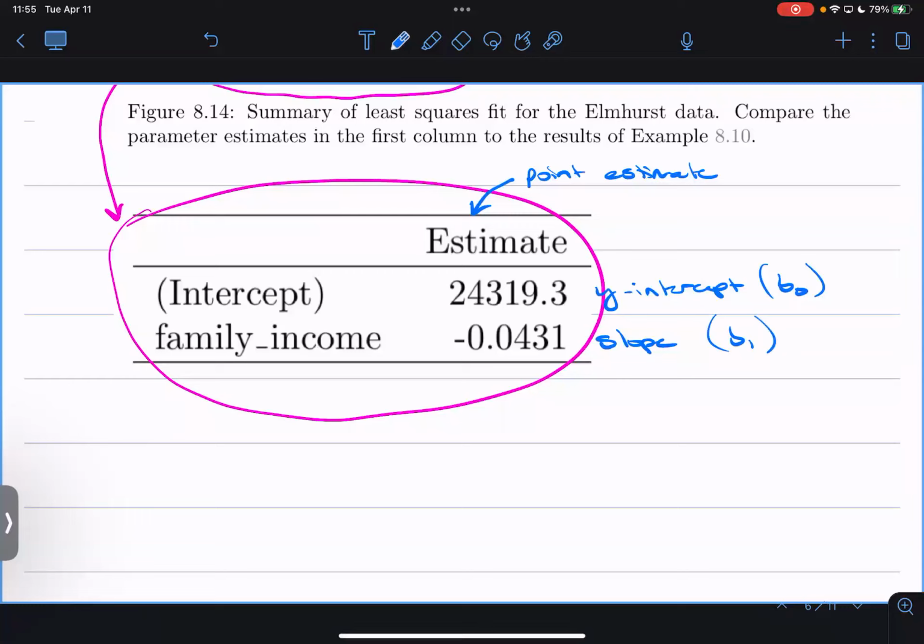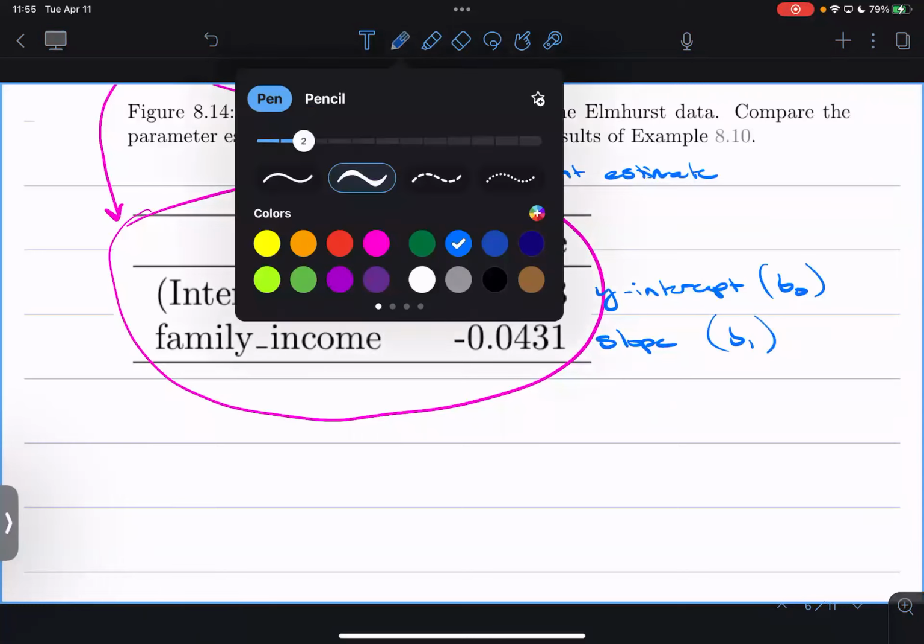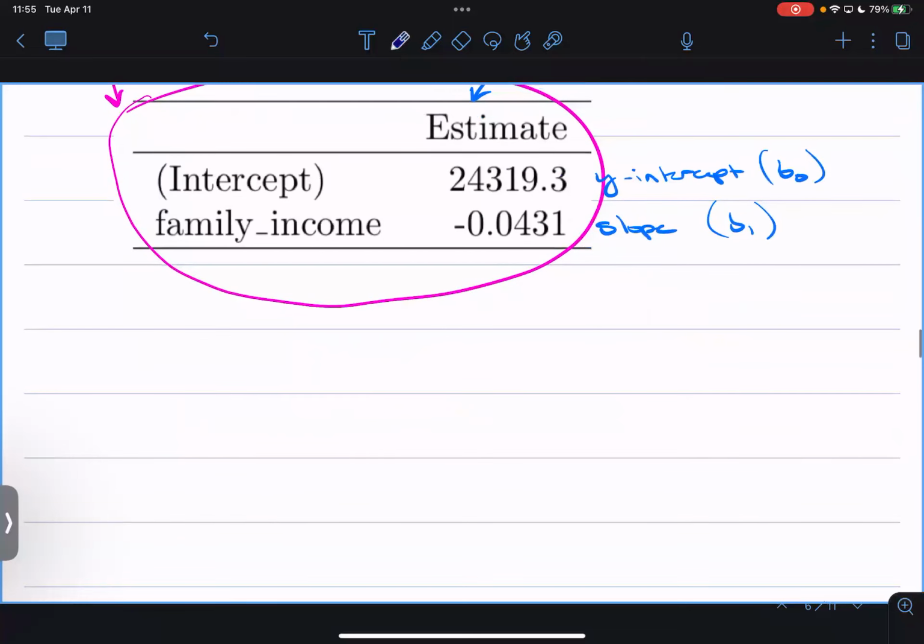Just as before, we use data, right, to get our point estimates, and then that's our best guess at what the population looks like, right? But in theory, we are estimating the population line, right?